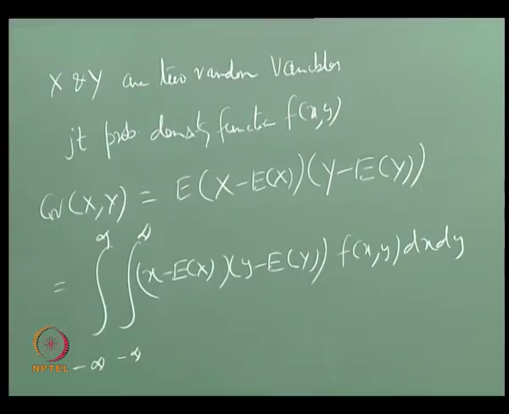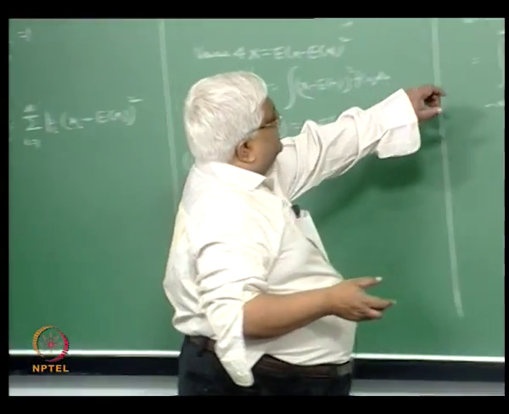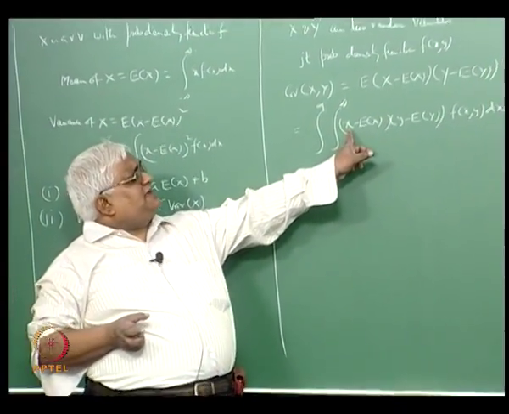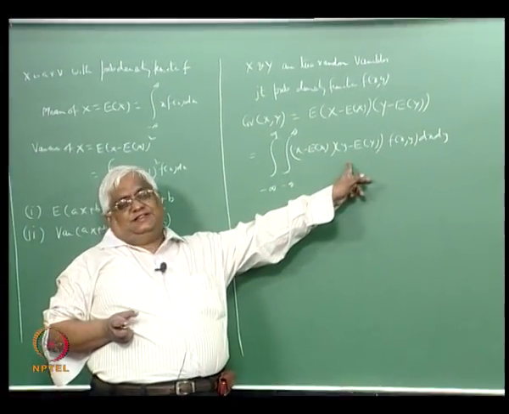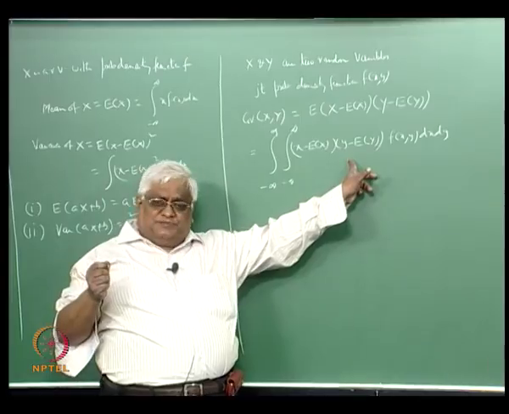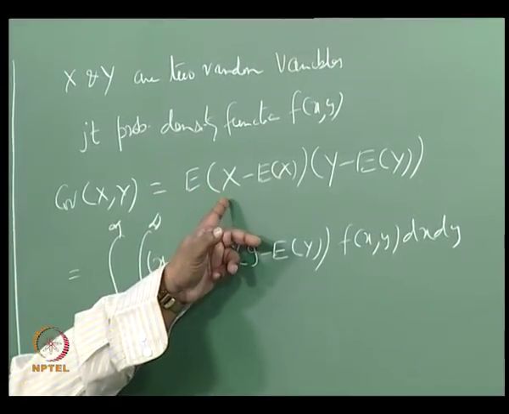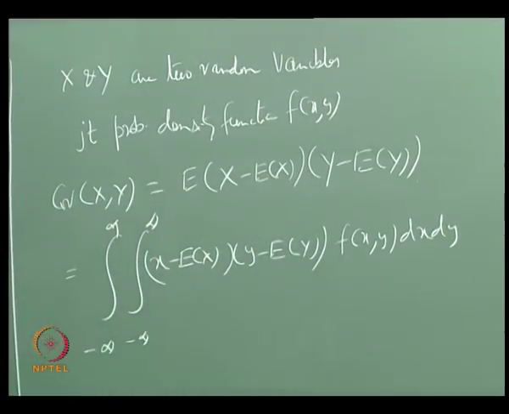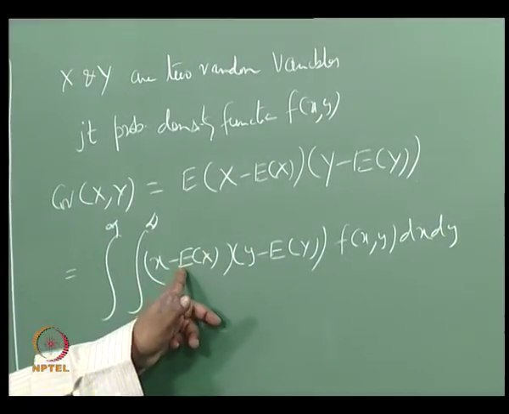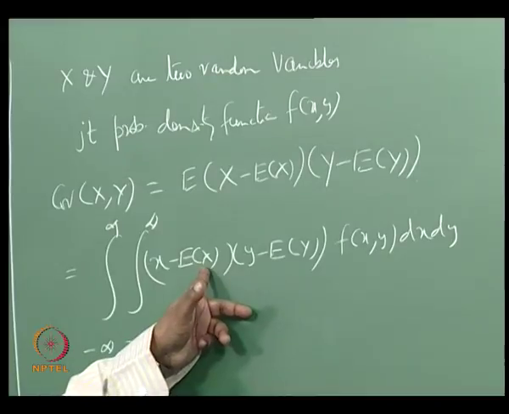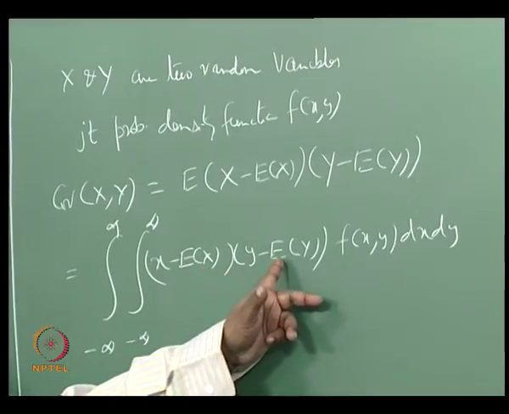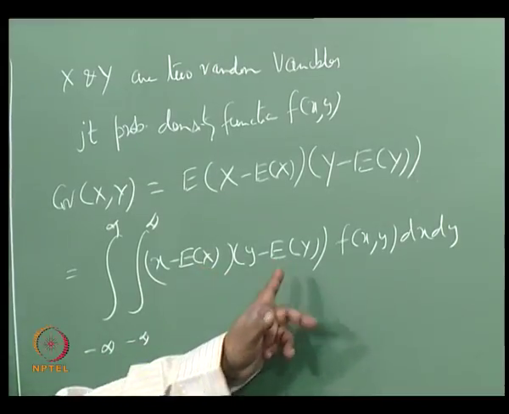Let me explain. Note that these small x's and small y's are the values taken by the variables, and the variables are represented by the capital letters X and Y. The expectation of X is a constant value, and the expectation of Y is a constant value.